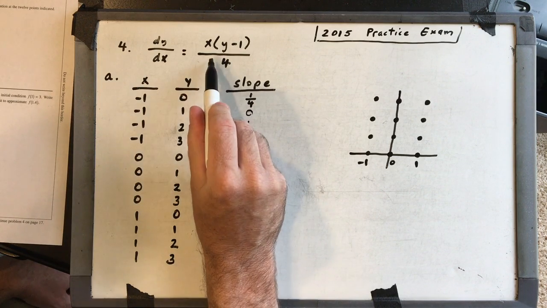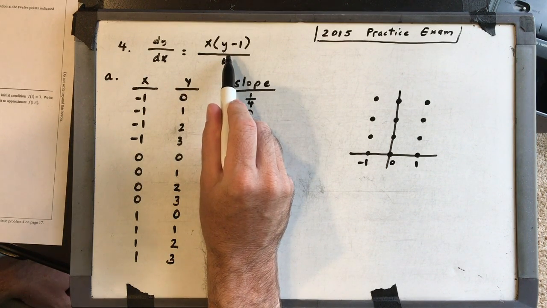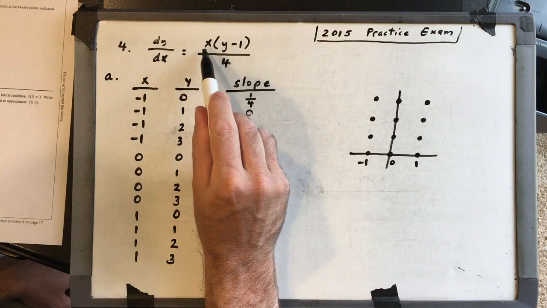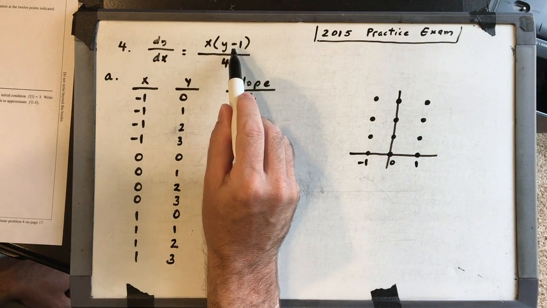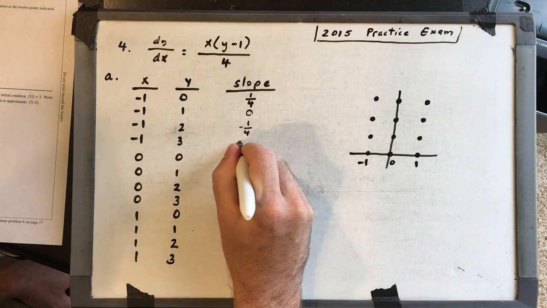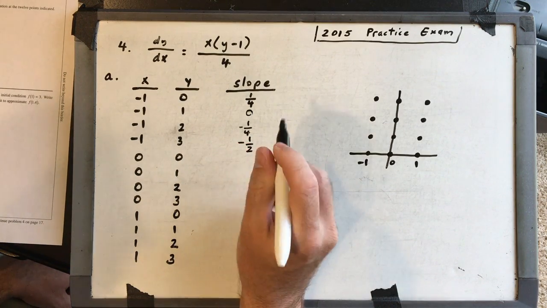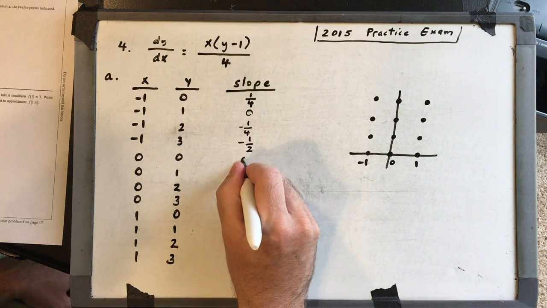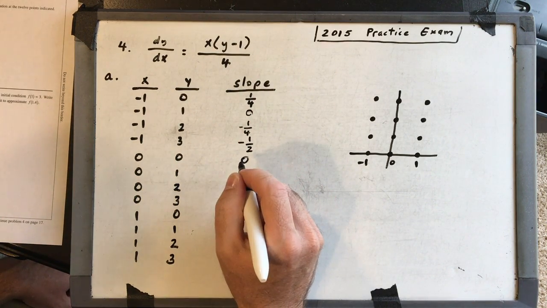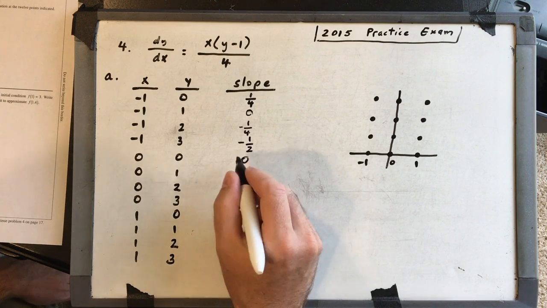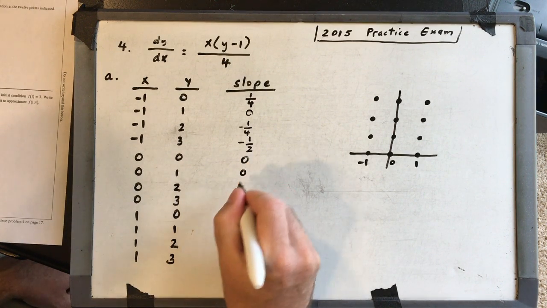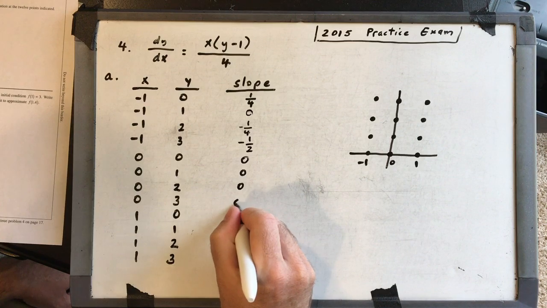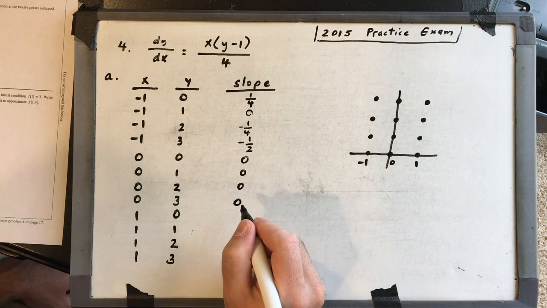When x is -1 and y is 3, that's going to be, let's see, -1 times 2, so -2 over 4, so -1/2. When x is 0, it's just going to be 0, right? So that covers the next 4.